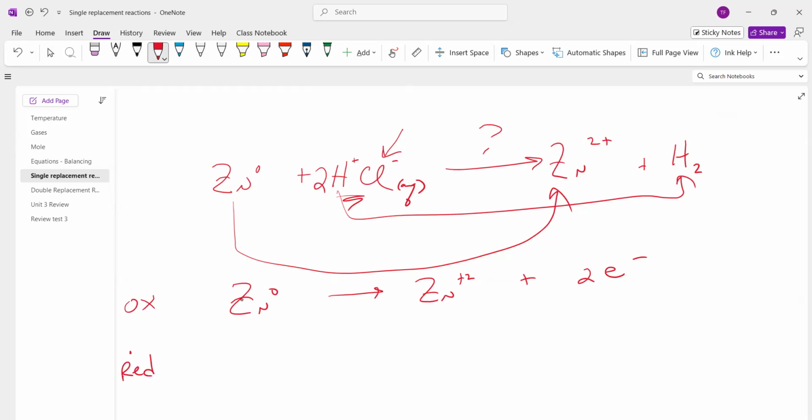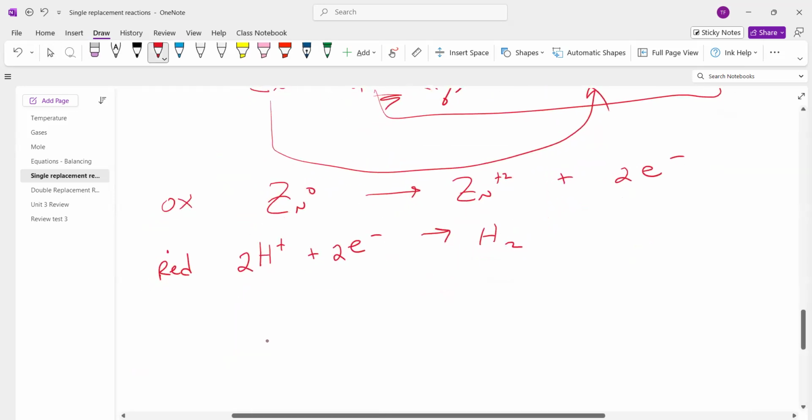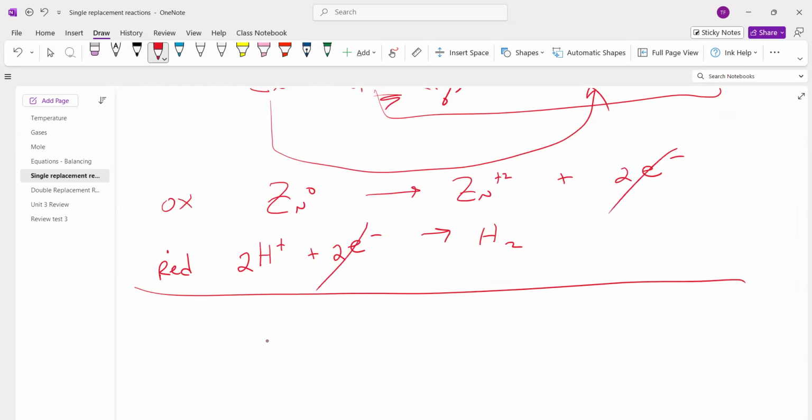The reduction: it's not H, it's H2. That means we need 2 of those and 2 electrons, just like in your activity table. So let's add these up. The 2 electrons cancel. That leaves us with zinc metal plus 2 H pluses.